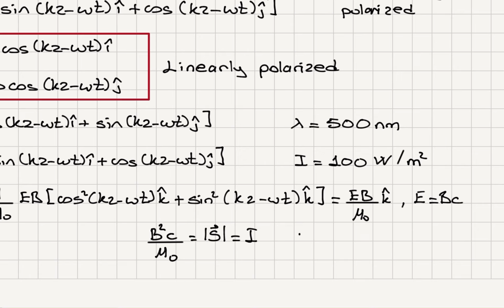So B is equal to the square root of I mu 0 over C.